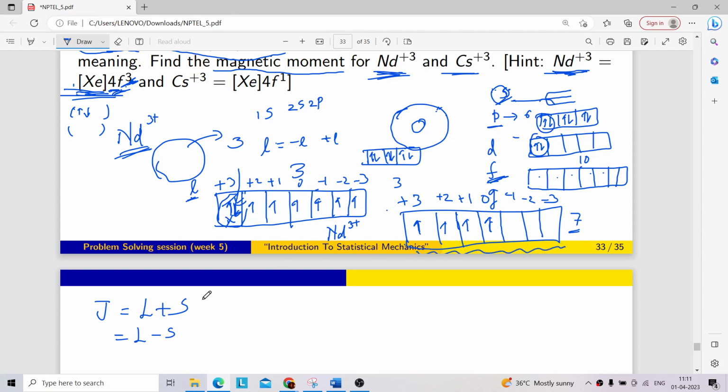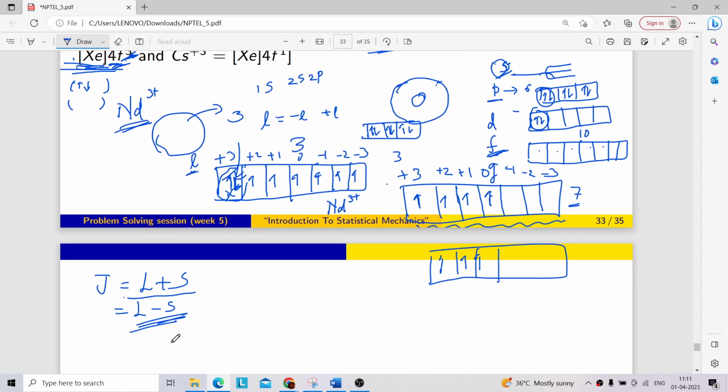In that case we have J equal to L plus S. If less than half of the energy levels are occupied, like in our case 3 out of 7, then J will be L minus S.